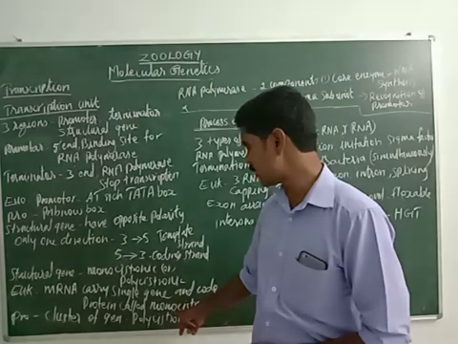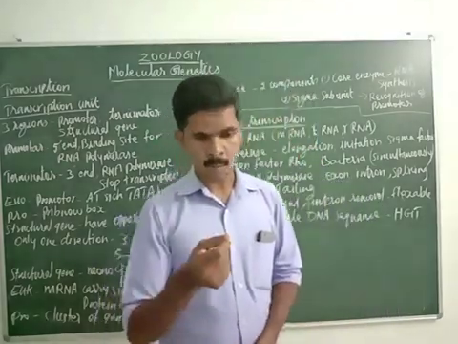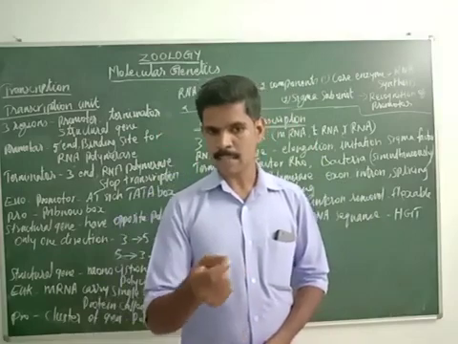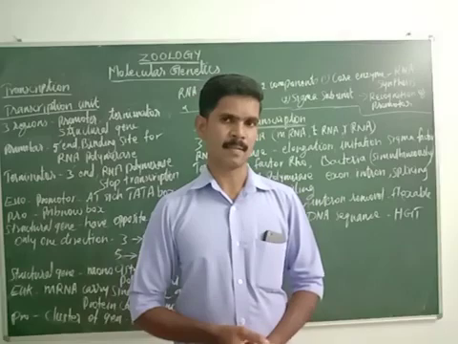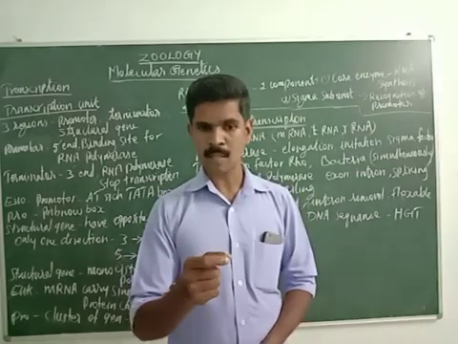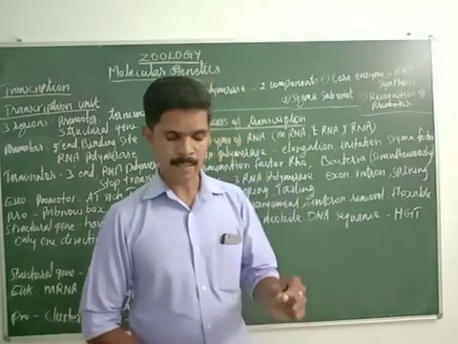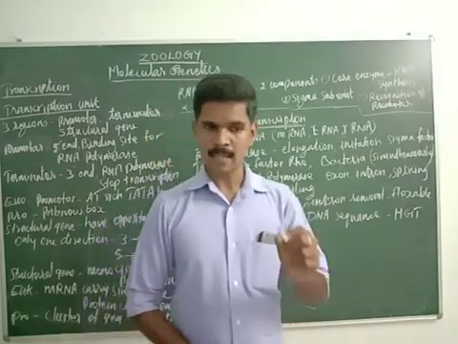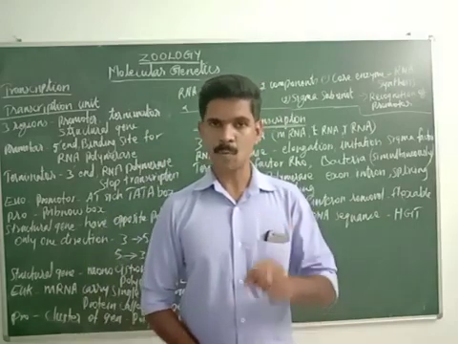One is monocistronic and the next one is polycistronic. In eukaryotic organisms, the monocistronic structural gene has some interrupted coding sequences.